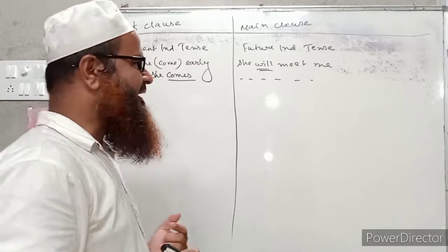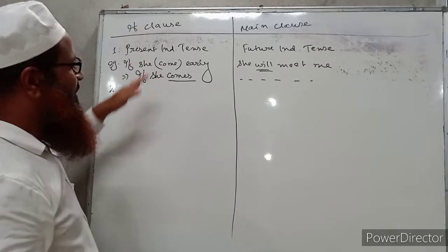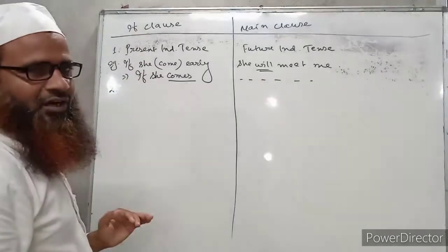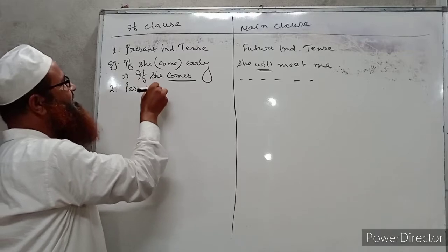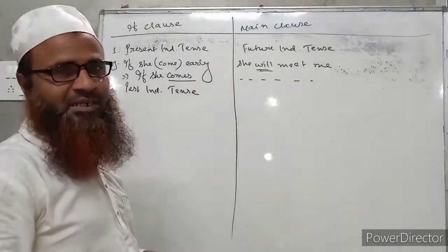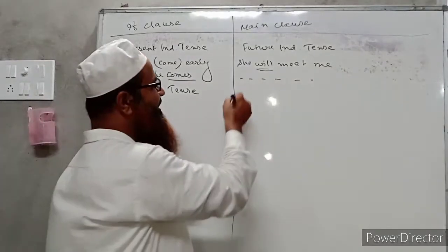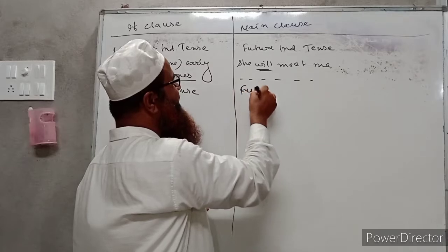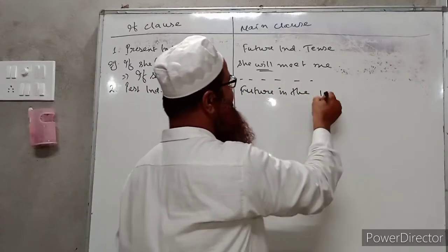Okay, again you see number 2. Now if clause will be in past tense or past indefinite tense. Okay, past indefinite tense. So here main clause or the principal clause will now be in future in the past. Okay, future in the past. Now what is future in the past?